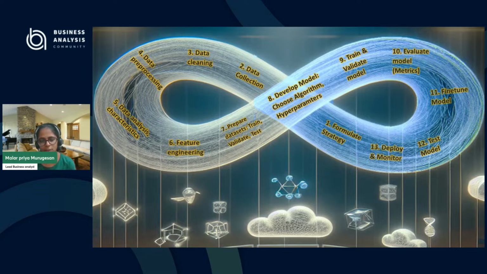Apart from that, there is a separate test data set that we'll prepare. And finally we will develop the model. When I say developing the model, in the initial strategy itself you will formulate the algorithm, hyperparameters, validation metrics and everything. But then it will be evaluated, so it will change. The algorithm may get changed, your parameters may get changed. We will see my real life project in a few minutes. You will see about it.